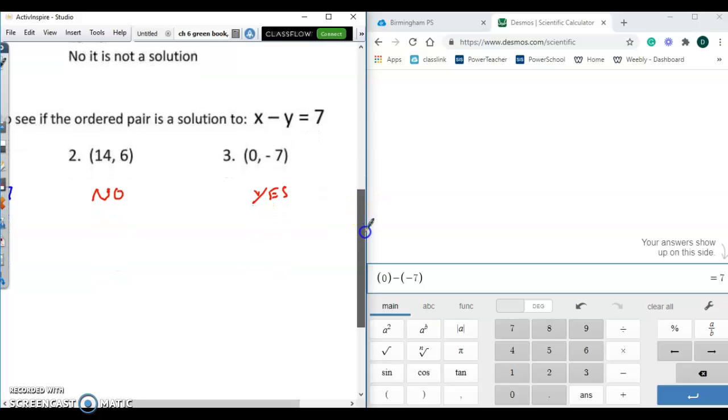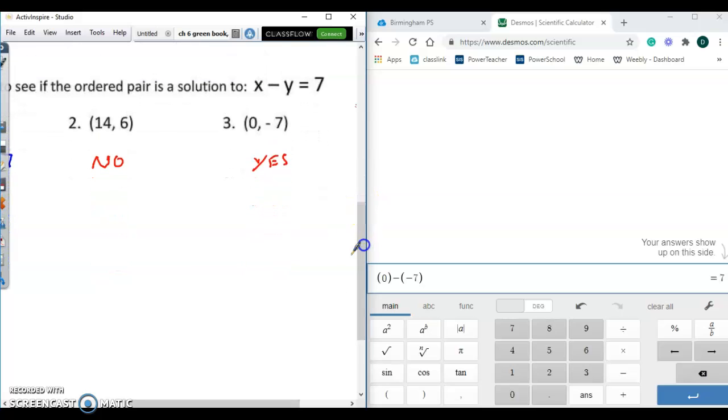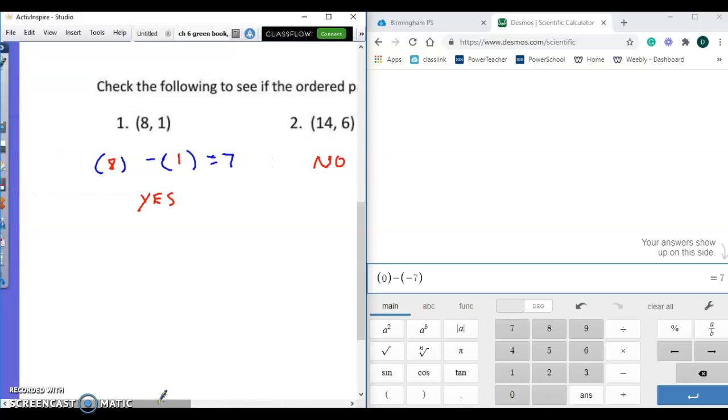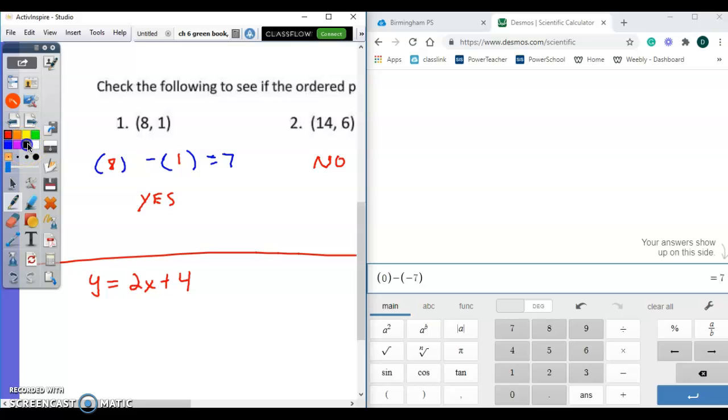Now what if we have a different type of problem where it's in function form? So maybe I have y equals 2x plus 4, and I need to figure out whether certain numbers are solutions to this.